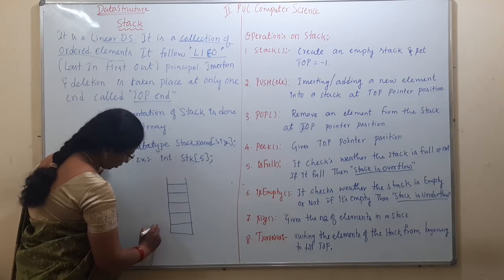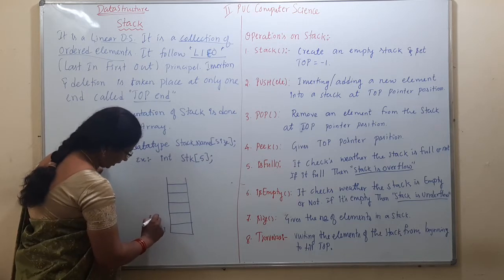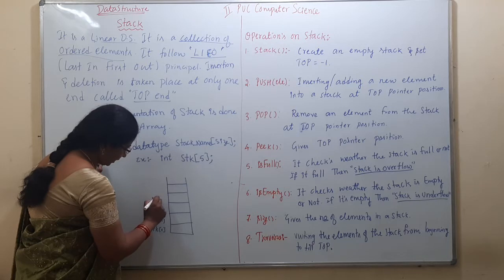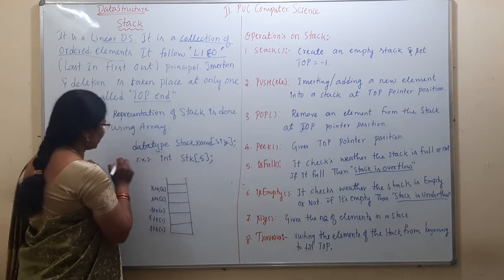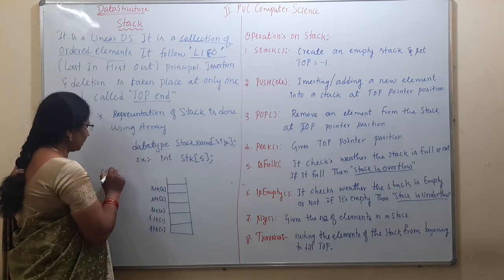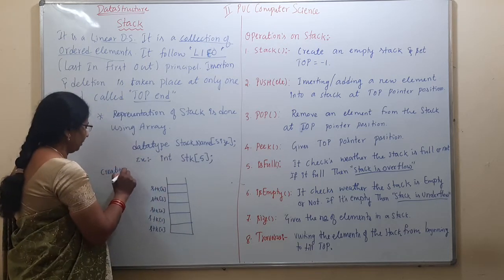It is set as STK of 0, STK of 1, STK of 2, STK of 3, STK of 4. This is called creating a stack.